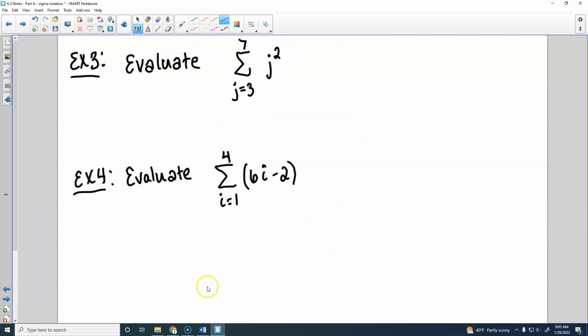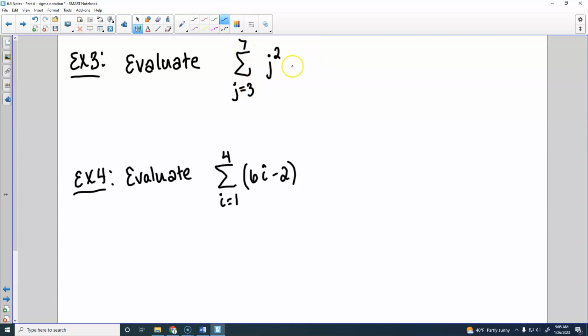Let's just do a few more here, just the basic brute force method where we're plugging in the numbers. So here we got a different letter this time. You'll see some that have a different letter. So we've got j equals 3 of j squared from 3 to 7.